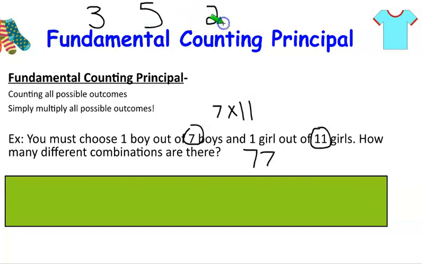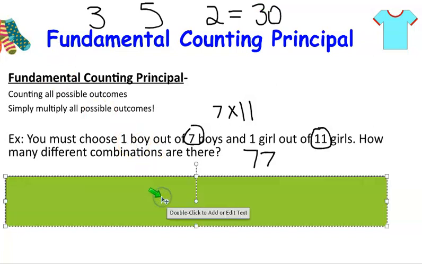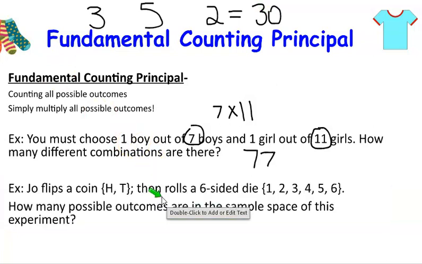How many different combinations can you make at Fridays with your meal with 1 appetizer, 1 entree, and 1 dessert? You have 3 times 5 times 2, and that is 30 different combinations. Okay. I always like those problems to have at the restaurants.